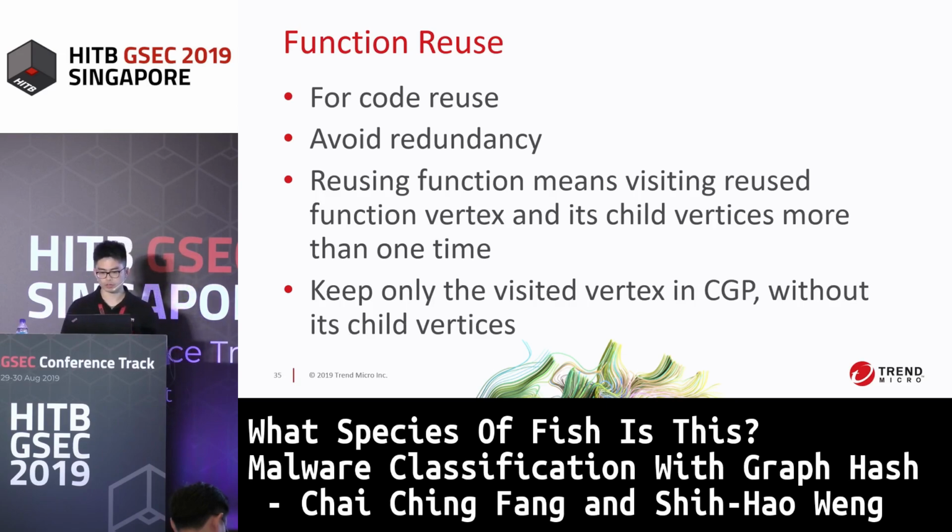And for traversing a code graph, reusing a function means visiting the reused function vertex and each of its child vertices more than one time. But for the purpose of efficiency, we just keep only the visited vertex in the CGP without its child vertices.